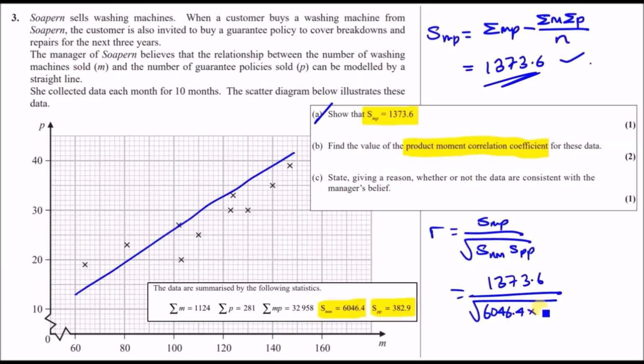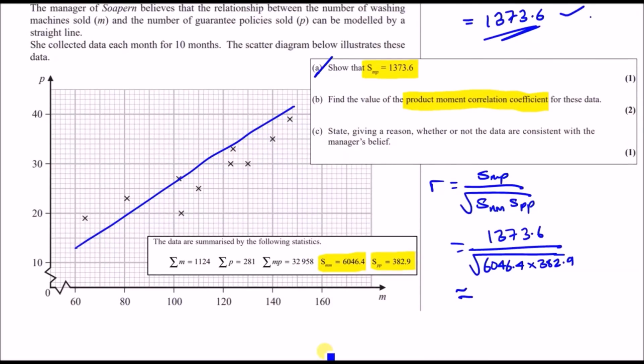So times 382.9. And then when you do this, and you put this carefully in the calculator, you should get an answer of roughly, let me bring it down a bit, correlation of 0.903.